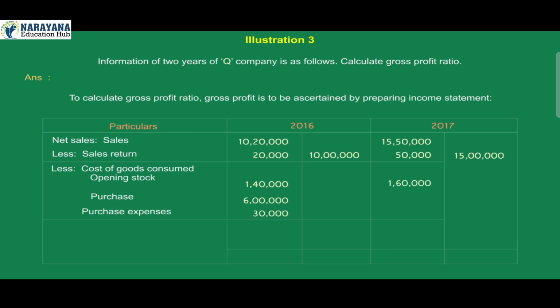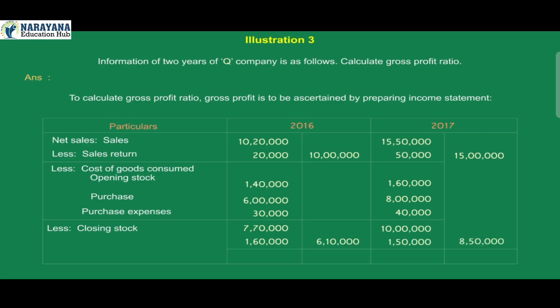Opening stock 1 lakh 60,000, purchase 8 lakh, purchase expenses 40,000, less closing stock 1 lakh 50,000, cost of goods consumed 8 lakh 50,000. Gross profit 3 lakh 90,000 and 6 lakh 50,000.